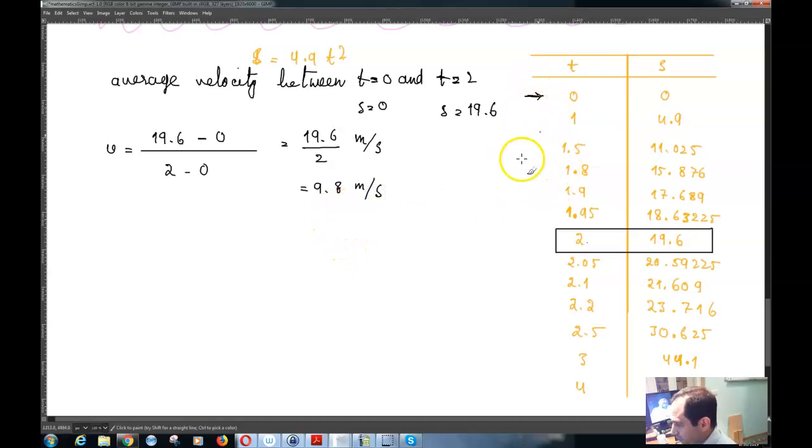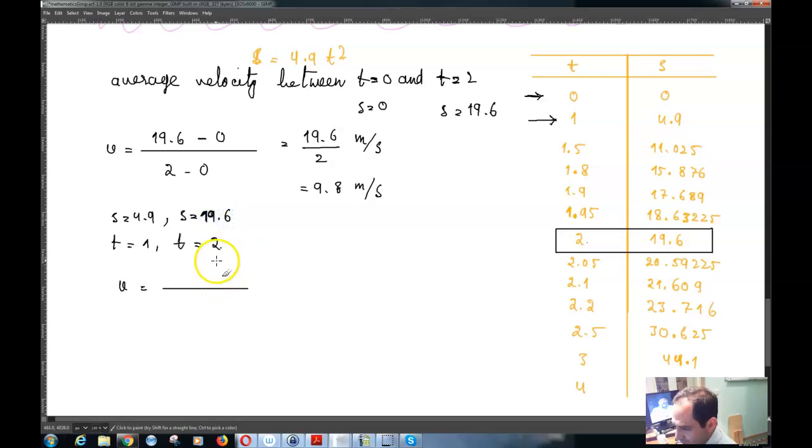And of course, I can get a little bit closer to this point, meaning that I can come over here, and then the average velocity between t is equal to 1 and t is equal to 2 would be v is equal to, at this point, your s is equal to 4.9, and at this point your s is equal to 19.6, and so you can write 19.6 minus 4.9 over 2 minus 1 is equal to, of course I'm not doing the calculations here, 14.7 meters per second.